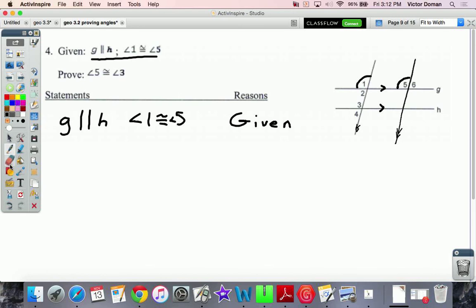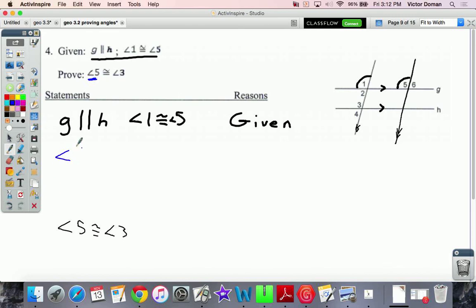So as with all proofs, I'm trying to prove that angle 5 is congruent to angle 3. And I'm going to have to come up with my reasons. Now, because I need angle 5 as the end of my proof, what I'm going to have to do is introduce angle 5 into the proof.